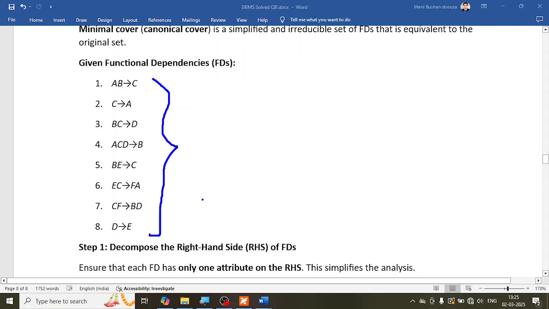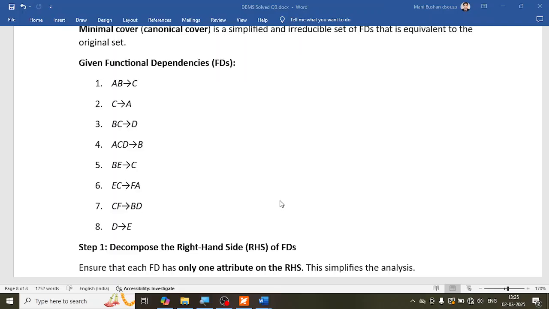What is the first thing? First, look at the right hand side of the functional dependencies. You notice that in a few situations you have two attributes on the right hand side. You have to decompose them and make them single attributes.